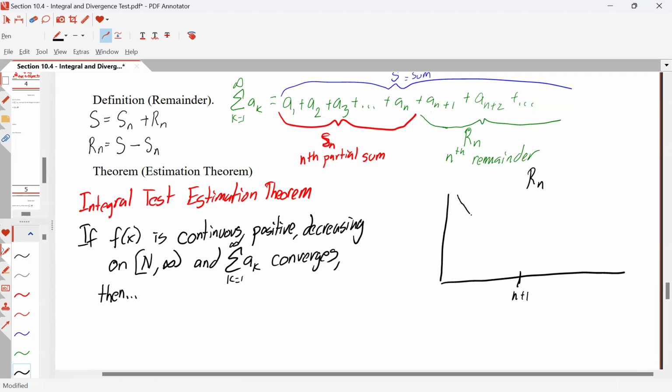So we have a continuous positive decreasing function, and the remainder takes r sub n plus 1 plus the n plus 2 term, say a sub n plus 1 plus a sub n plus 2 plus a sub n plus 3 onward.